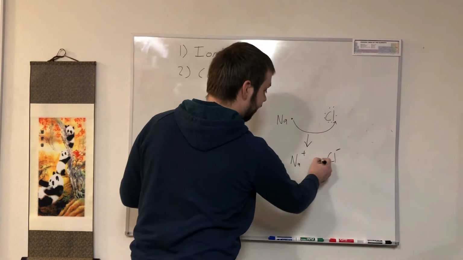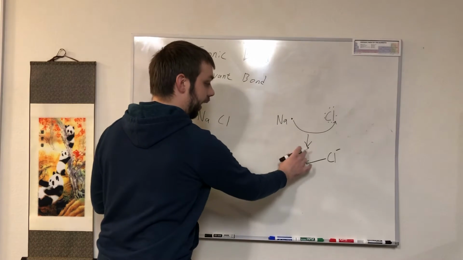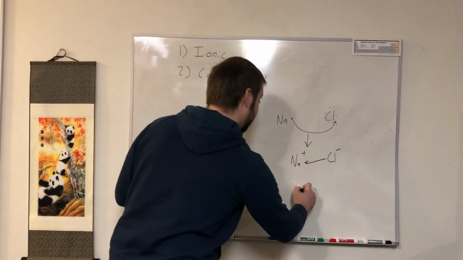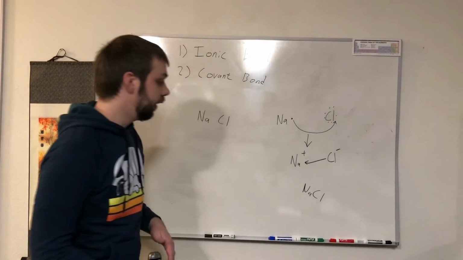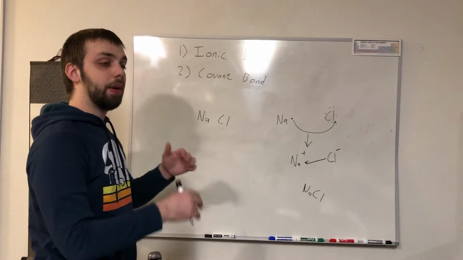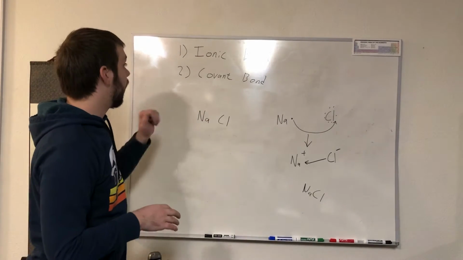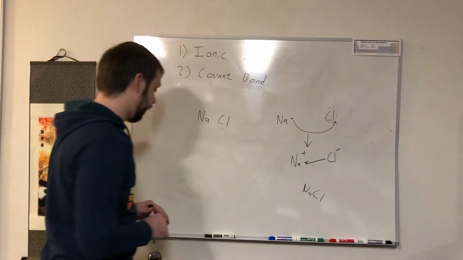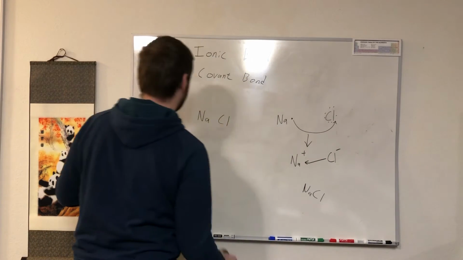So this negative electron density is going to bond with this positive to form sodium chloride, the salt. So that's an ionic bond, when an electron is transferred from one to the other. Ionic bonds are pretty strong because of this nice charge attraction.